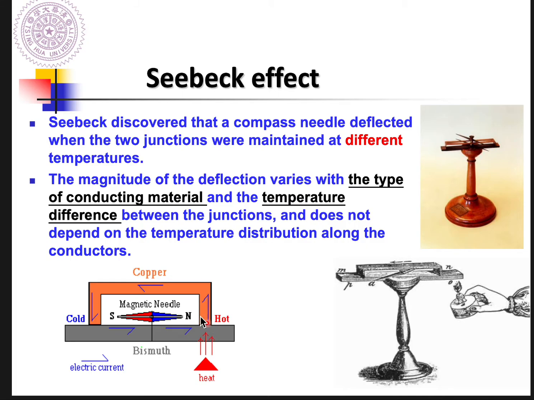But it doesn't depend on the temperature distribution along these conductors. So nothing related to the temperature distribution along these materials, but it depends on what kind of materials you choose and the temperature difference between these two junctions.